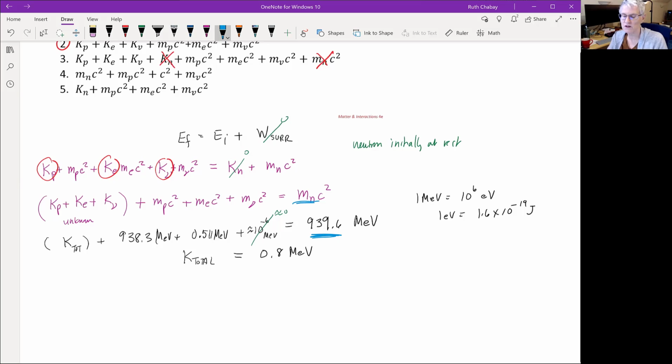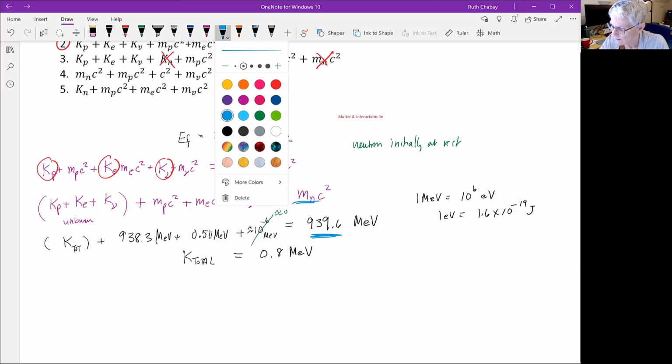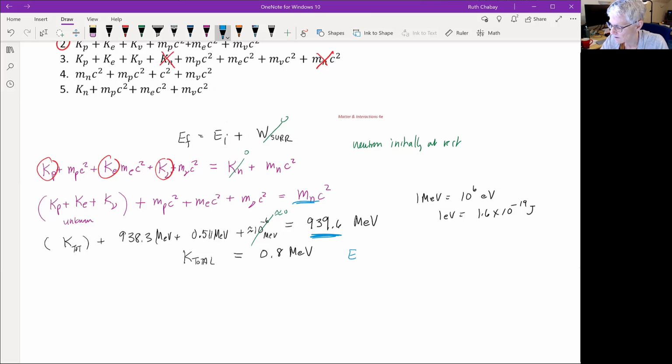Some of that rest energy got converted to kinetic energy. So we see that rest energy can be converted into kinetic energy.